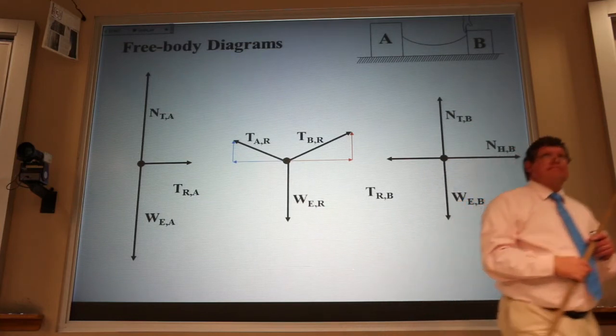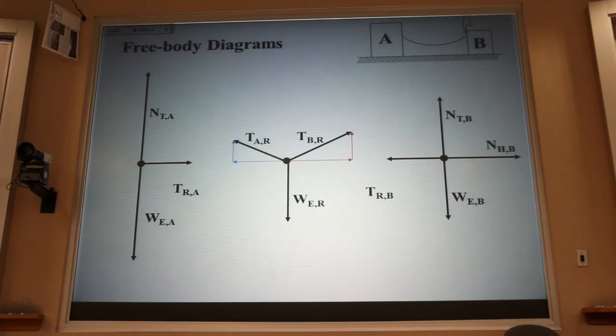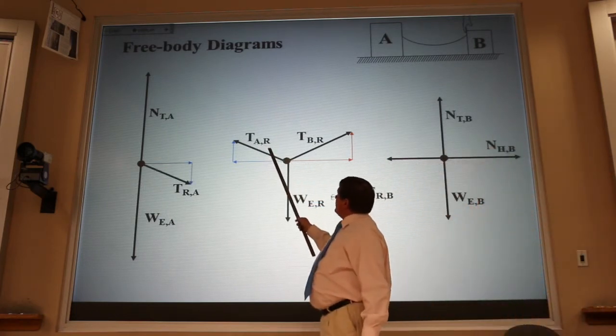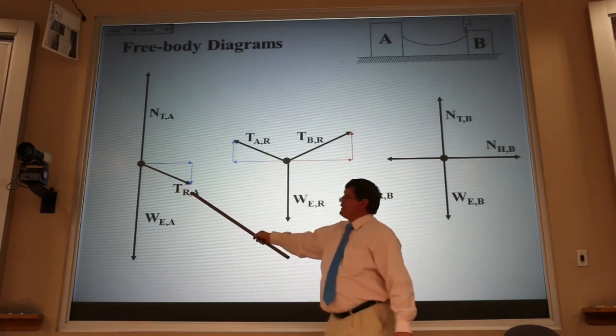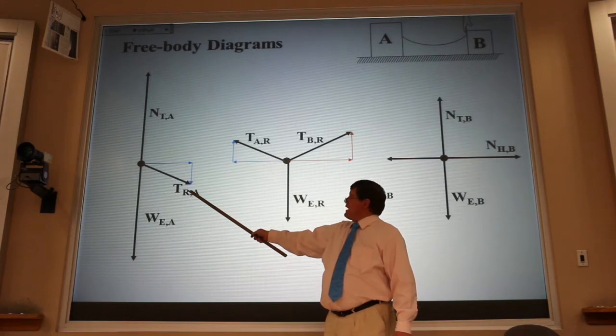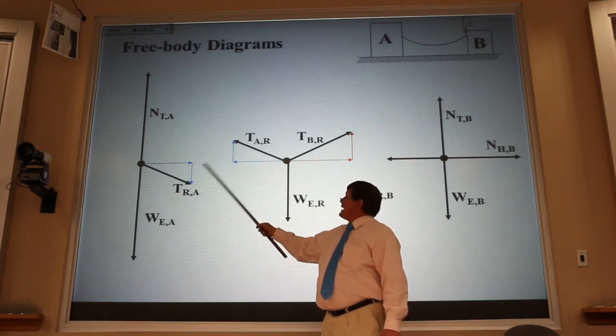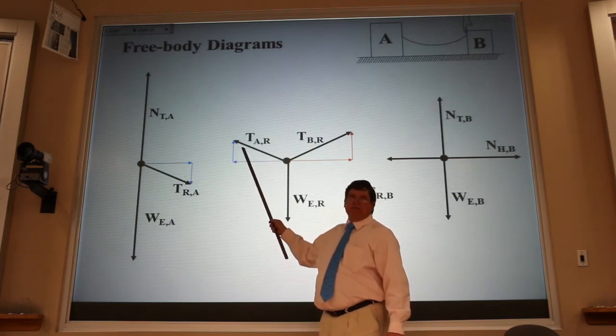Okay? Now, that has some consequences. If this force by A on the rope is up and to the left, by third law, the force on A by the rope is down and to the right. Okay? Equal in magnitude, but opposite in direction.